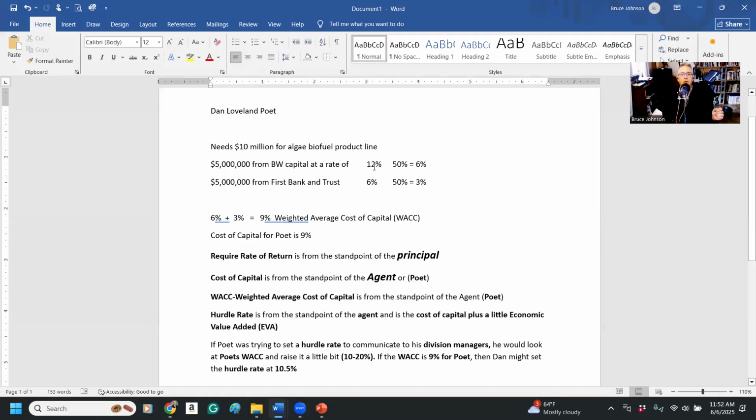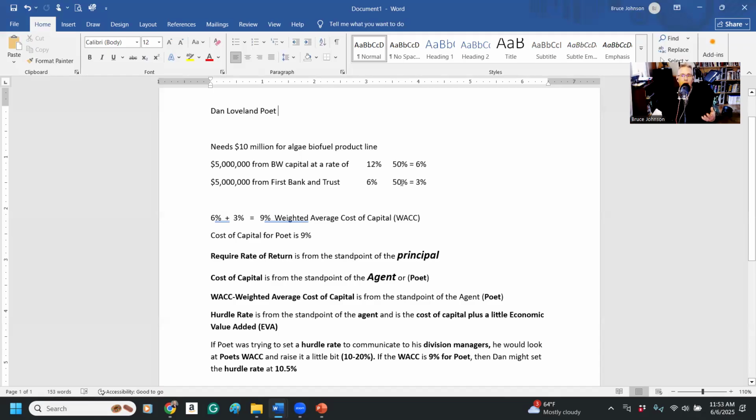In order to figure that out, you take the 12% required by BW Capital and multiply that by 50%. Why? Because our share is 50% of the total investment for this algae biofuel product. Then we look at First Bank and Trust, and they have 5 million, which is 50%. So Dan's going to owe them 6%.